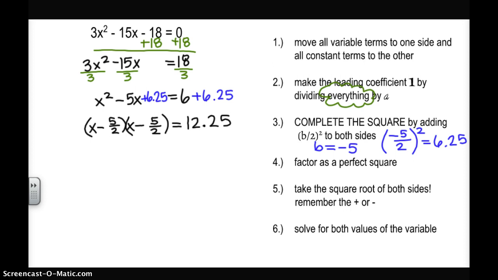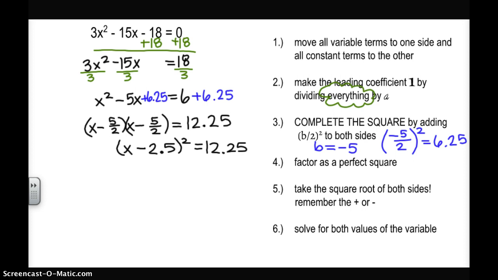And for some of you, it might be easier to look at it like this. Okay? That might be a little bit easier to look at, but b over 2 helps us decide what to factor. B over 2 goes in as that number with x. Okay? So let's get this finished.